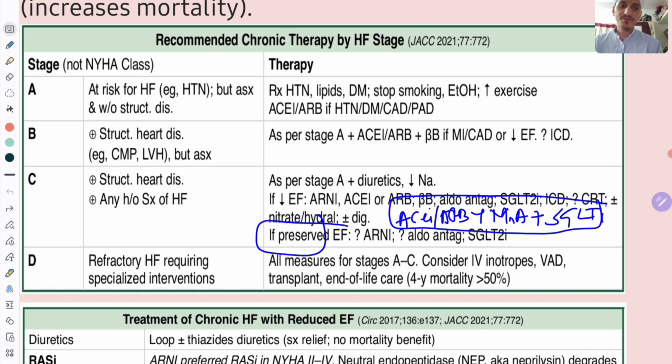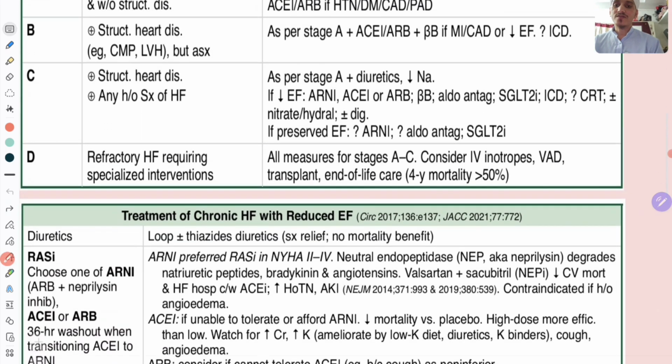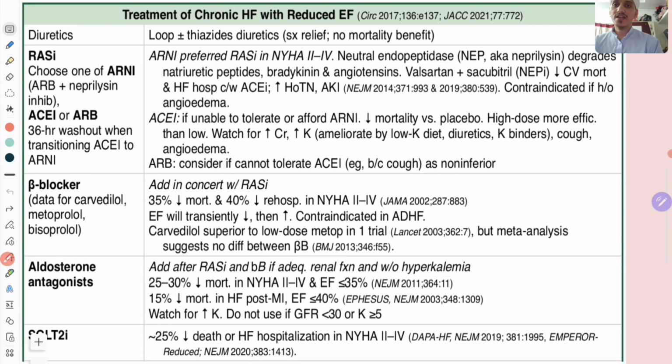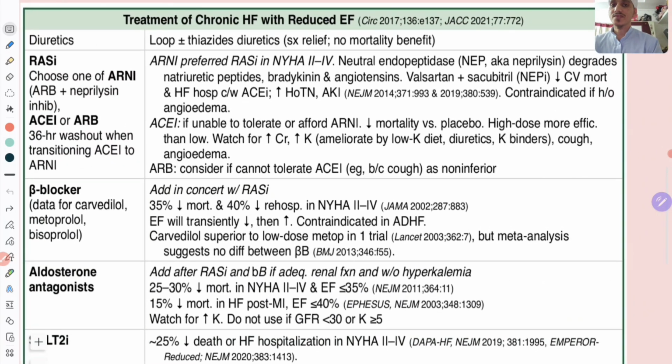Okay, refractory HF, okay, consider IV inotropes, ventricular assist device, transplant, end of life care. Okay, now this is chronic HF, this is based upon ejection fraction. Okay, so every detail is covered in these charts. This is the summary of the whole treatment of HFrEF.